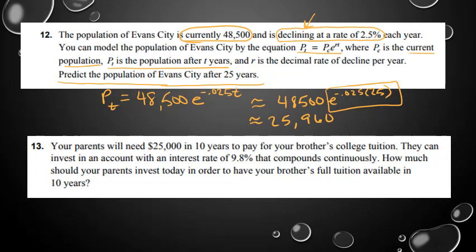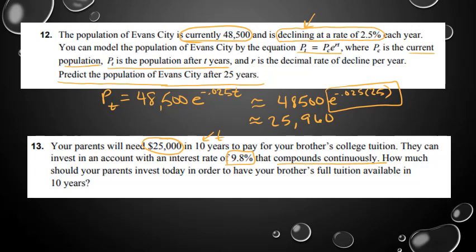Okay, in the next one, we have parents who will need, now this is a little bit of a change. Our time is 10 years, but they're going to need 25,000. That means they're not starting with 25,000. That's what they want to end up with. And that's for college tuition. They can invest in an account with an interest of 9.8. That's a pretty good interest that compounds continuously.